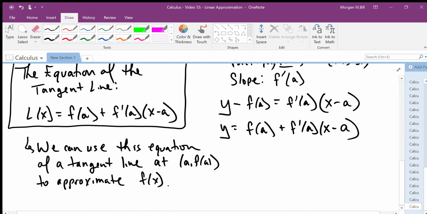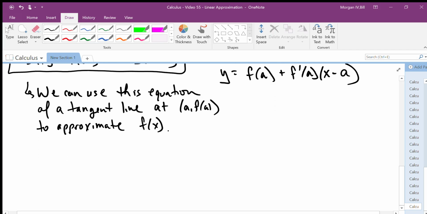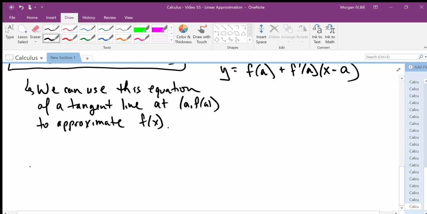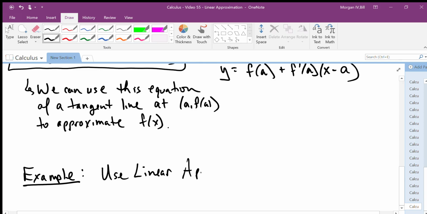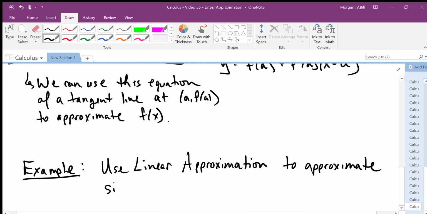Okay, let's try an example. Maybe working it out through an example is sometimes useful. So, example. Use linear approximation to approximate the sine of 0.4.